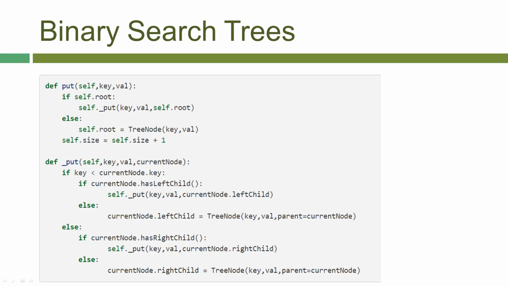To add a new node to the tree, we just create a new TreeNode object, which you can see happening here and here, depending where it goes. We also have the self.root equals TreeNode in case there's not a root already in place, which is essentially what the put with no underscore does by itself. It checks if there's a root. If there is, it calls that helper function. Otherwise, it just adds the TreeNode there.